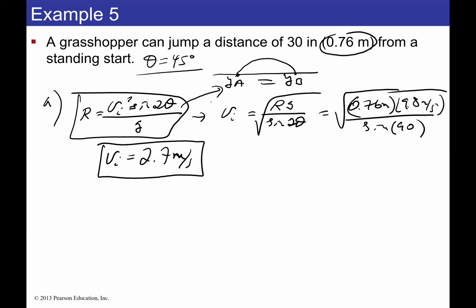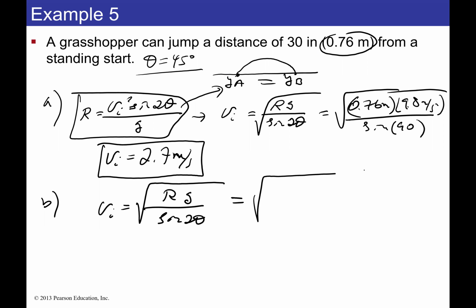All right, so part B says this: most animals jump at a lower angle than 45. Suppose the grasshopper takes off at 30 degrees from the horizontal. What jump speed is necessary to reach the noted distance? What we're doing here is calculating the initial speed using basically the same equation, R times g over sine of 2 theta, but this time theta is not 45, but 30 degrees.